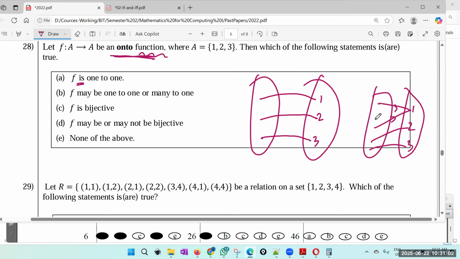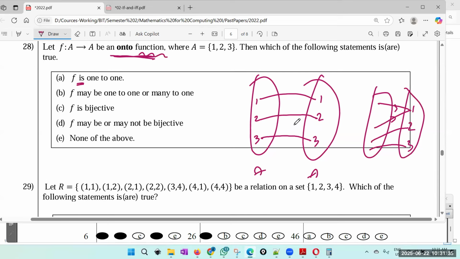No, A to A. Sorry, I didn't read it properly. A is {1, 2, 3}, A to A, so this is also A. That means here we have 3, and here also we have 3.